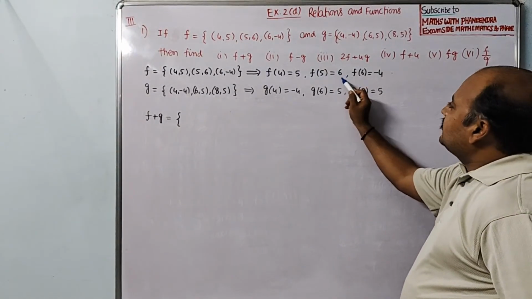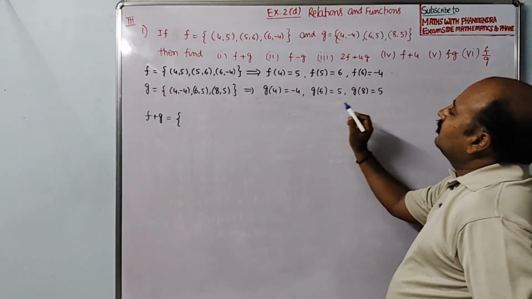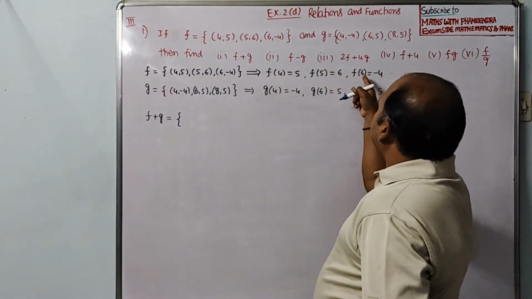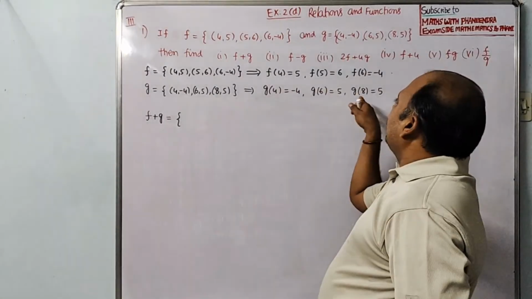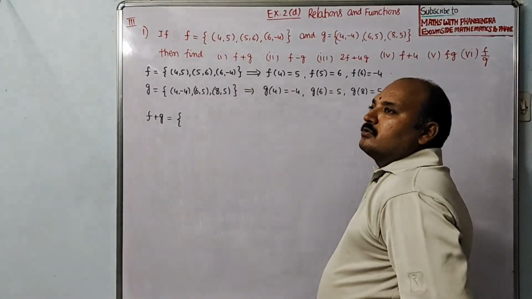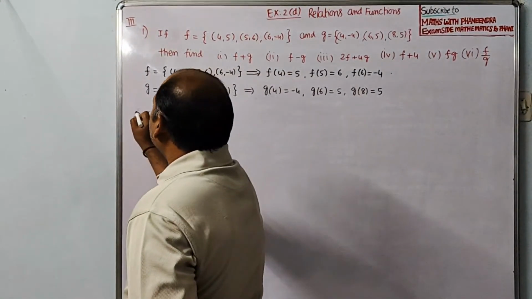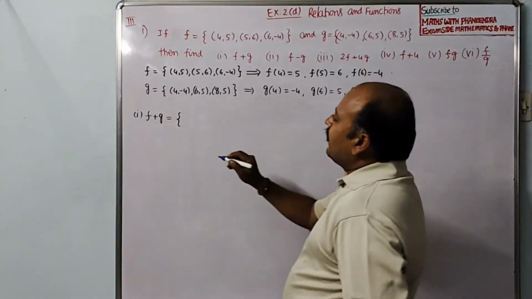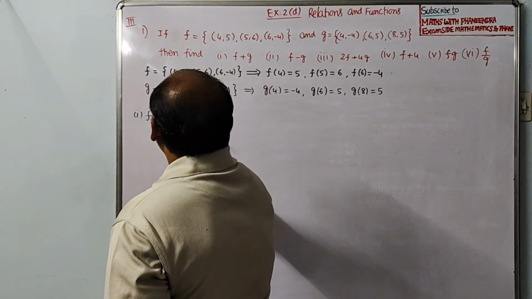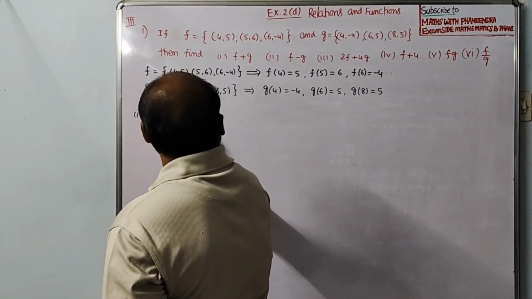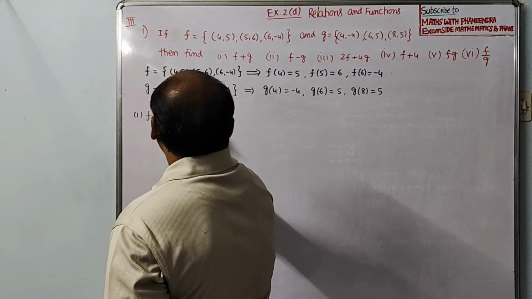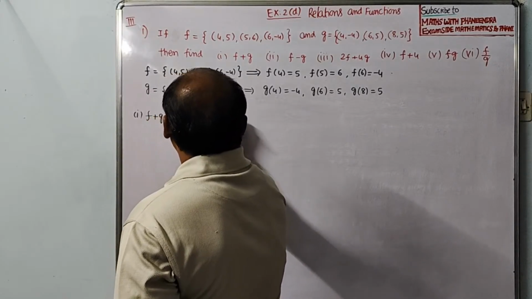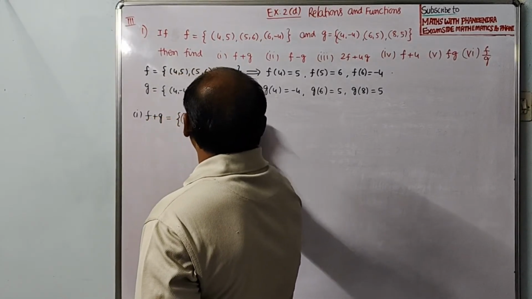For 5, 6 is not there here. Leave it. Only for 4 and 6 are the common elements in g also. So the sum of two functions is possible for only 4 and 6. So f plus g of 4, comma f plus g of 6.